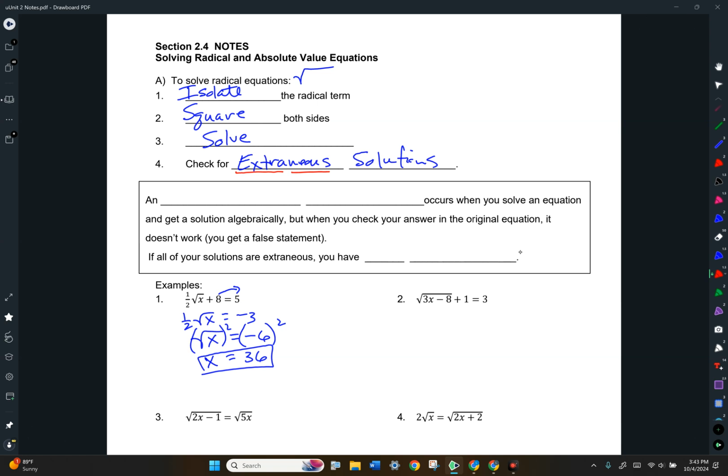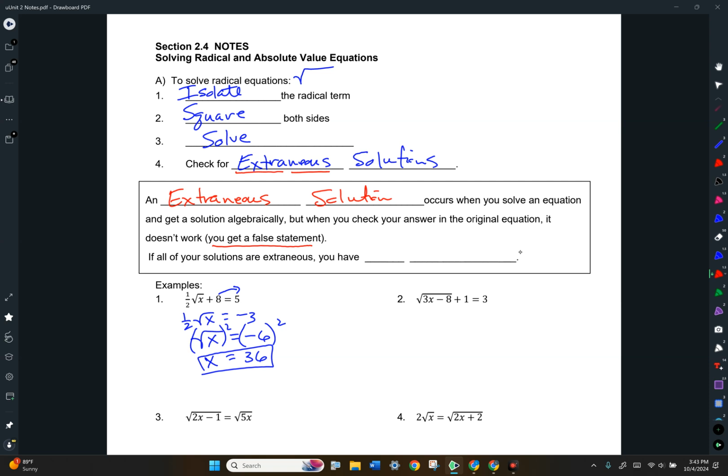In other words, it's extra wrong answers. So we would say an extraneous solution occurs when you solve an equation to get a solution algebraically, but when you check your answer in the original equation, it doesn't work. So in other words, you get a wrong answer.